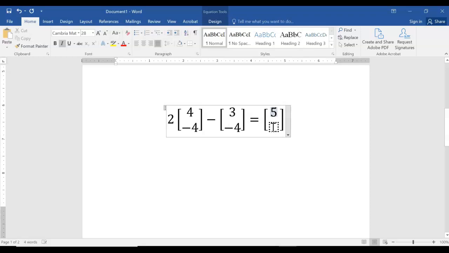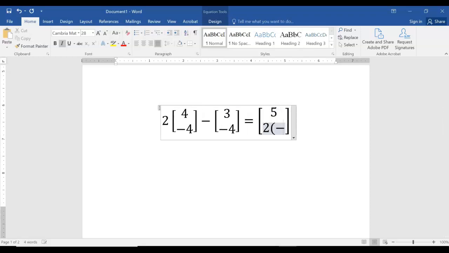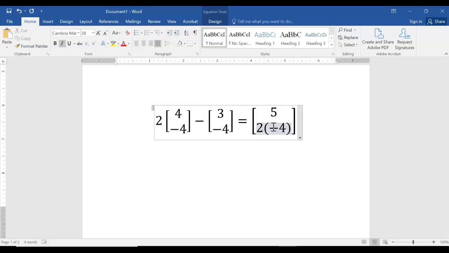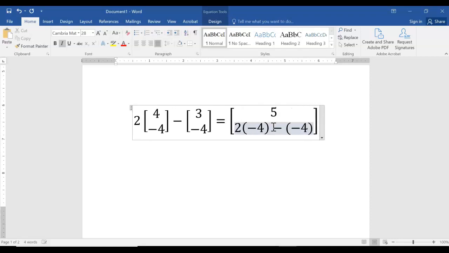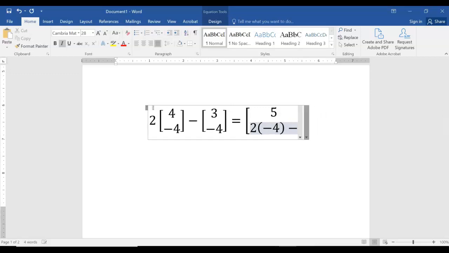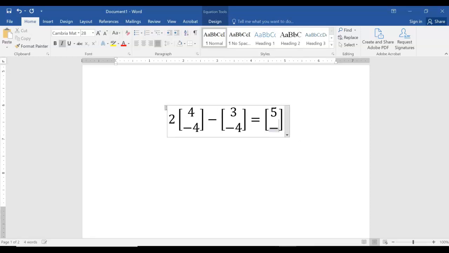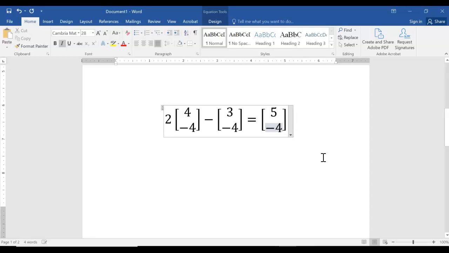And then 2 times negative 4 minus a negative 4. So that is negative 8 plus 4. That's negative 4 as that entry. Okay, so that's kind of how to add these things.